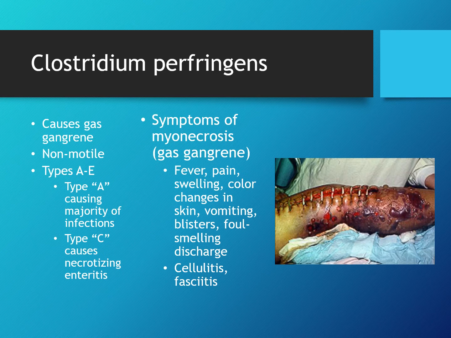Beta toxin is responsible for necrosis in the small intestine as well as hypertension. So some symptoms that we might see are fever, pain, swelling, increased heart rate, vomiting, pale skin, and blisters with a foul-smelling discharge.